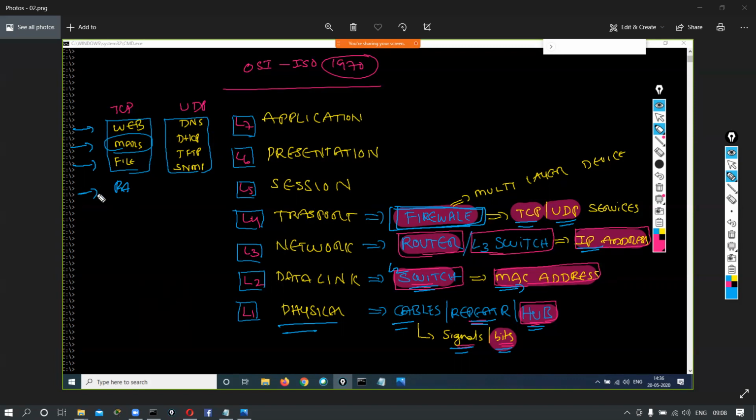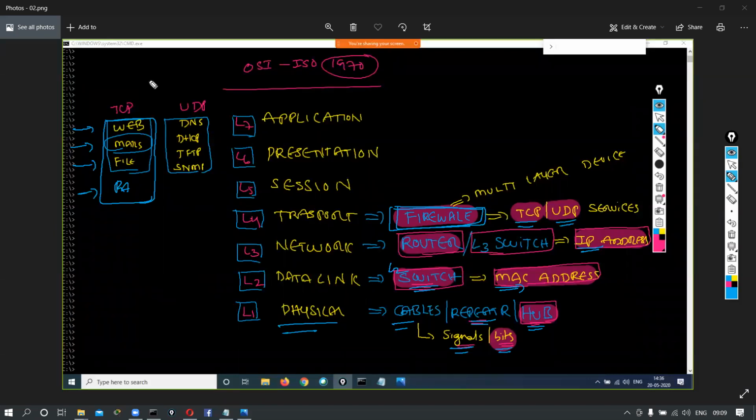For these requirements, which transport protocol will carry them? TCP will carry all these services. TCP is a box, and inside the box are the web service, mail service, file service, and remote access.